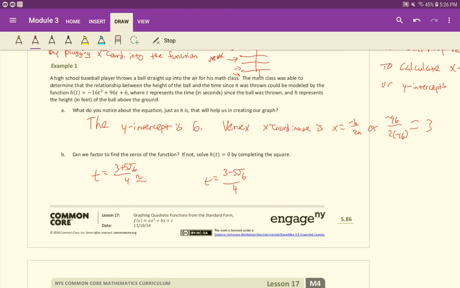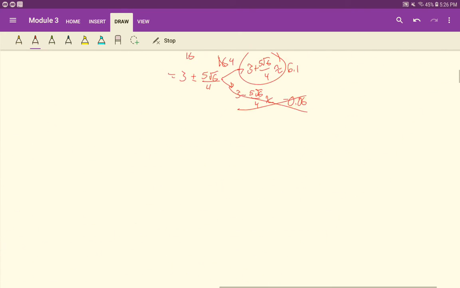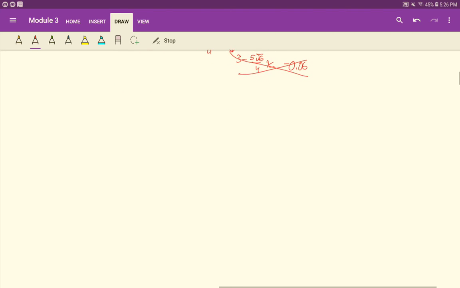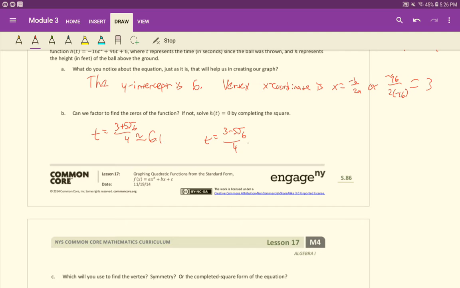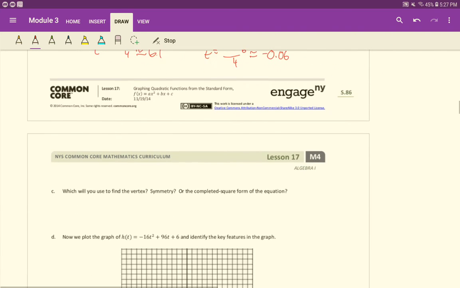Okay, remember this plus one was approximately 6.1, and the other one was approximately negative 0.06.